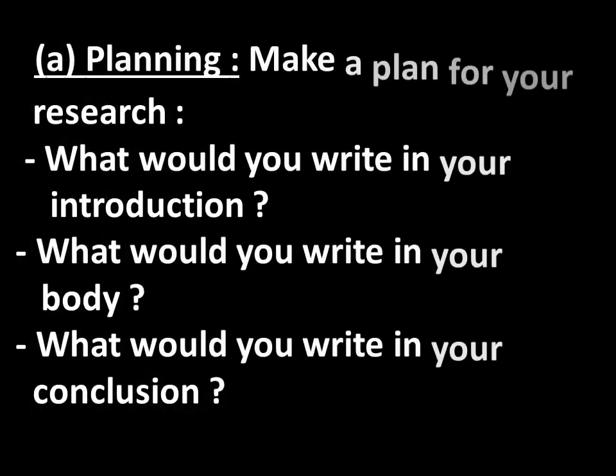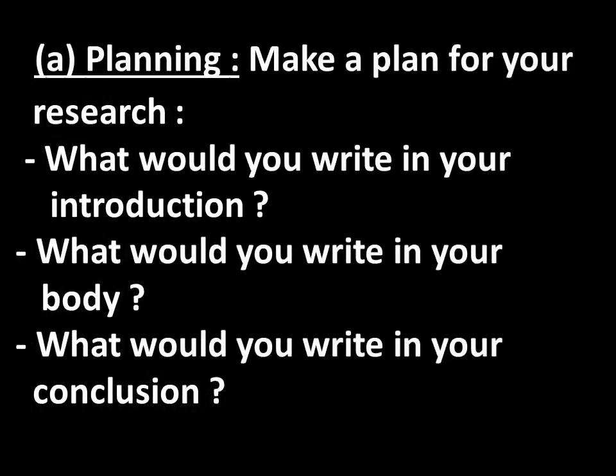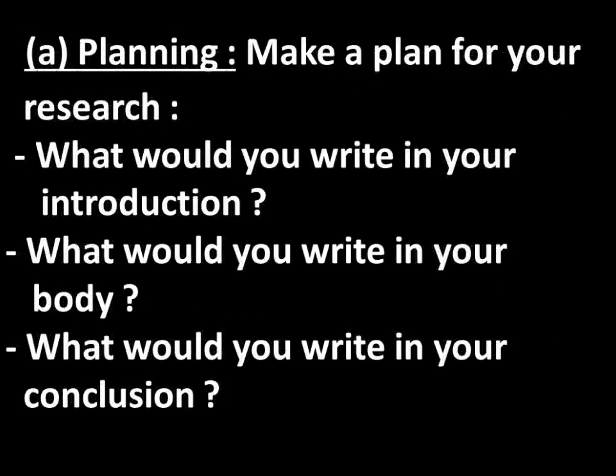Now, let's move together to the planning stage. Planning means to make a plan for your research. For example, what would you write in your introduction? What would you write in your body? And what would you write in your conclusion?